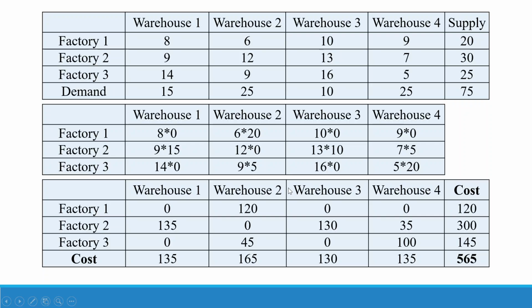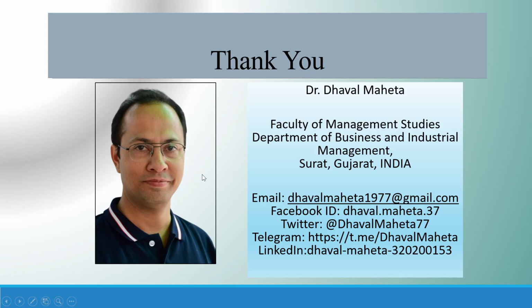So this is how we have minimized the cost, and we have also got the quantities which we should be transporting from different factories to different warehouses. So this was how we can solve the transportation problem in IBM ILOG CPLEX Optimization Studio.